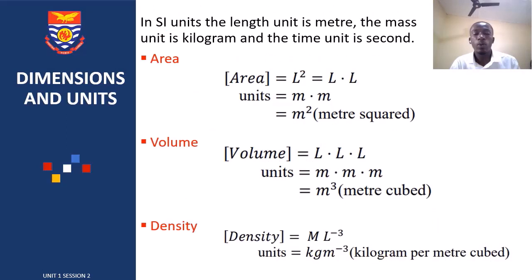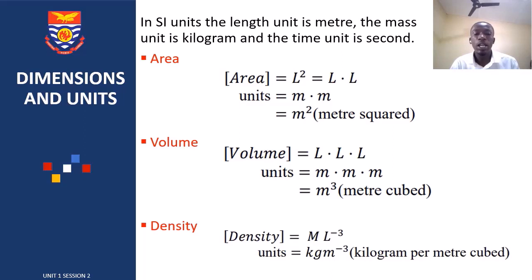As we can change a quantity to its dimension, the same way we can use the dimension to find the unit of that quantity. We know that for time, the unit is seconds, for mass, the unit is kilogram, and for length, the unit is meter.